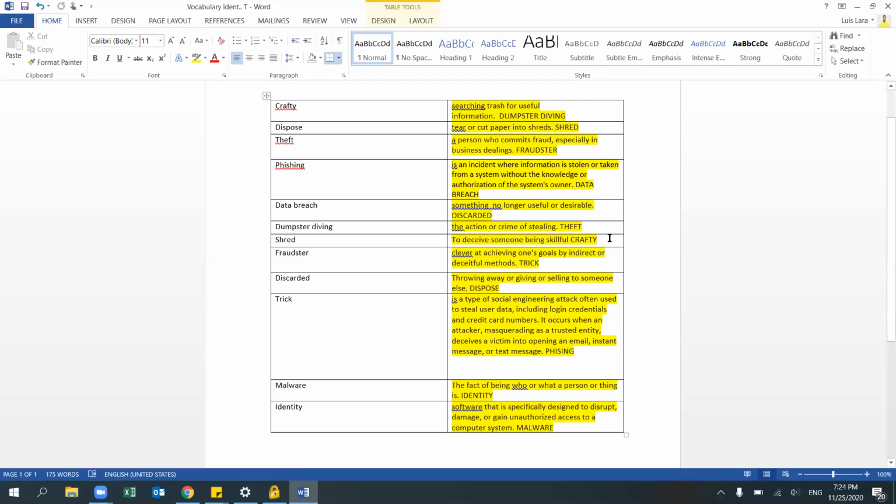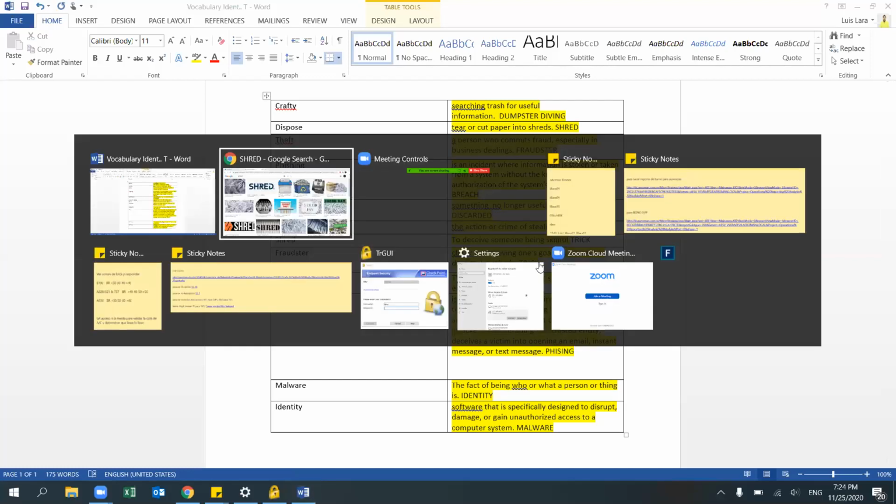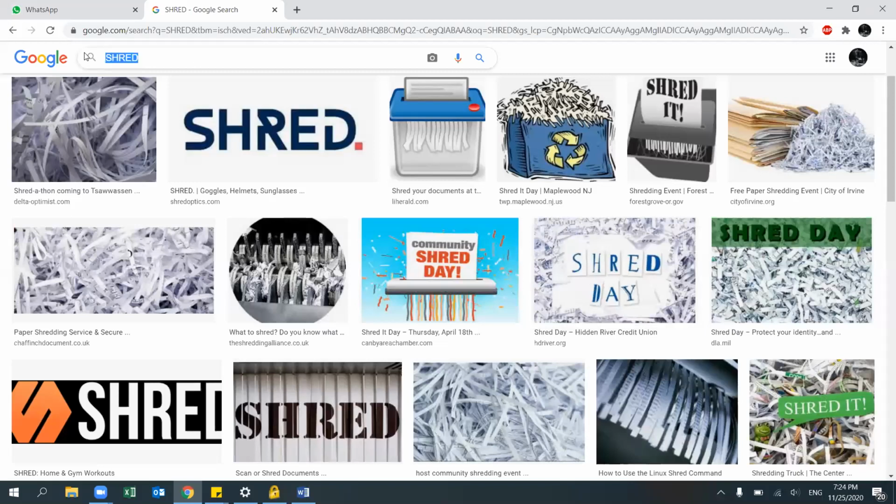The sentence that we chose for crafty. This one, what do you think? I think that is a trick. I think so, but I'm not sure. Clear or achieving one goal by indirect or difficult method. Let me put trick here.